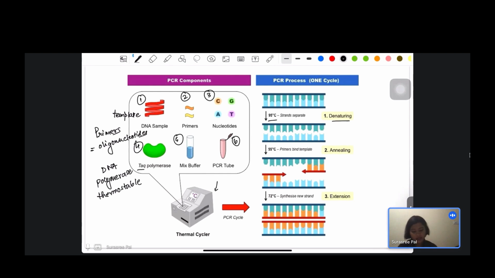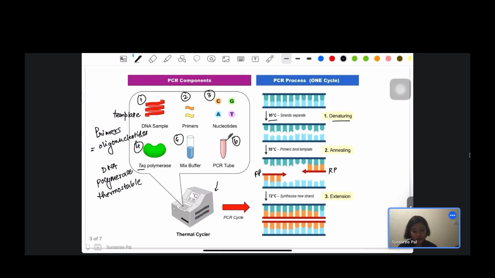Right? So these are our primers. This is the reverse primer, this is the forward primer. And in order for these primers to sit on the DNA, it has to be denatured first. It has to be made single stranded first. So that is what was done. The DNA is denatured.